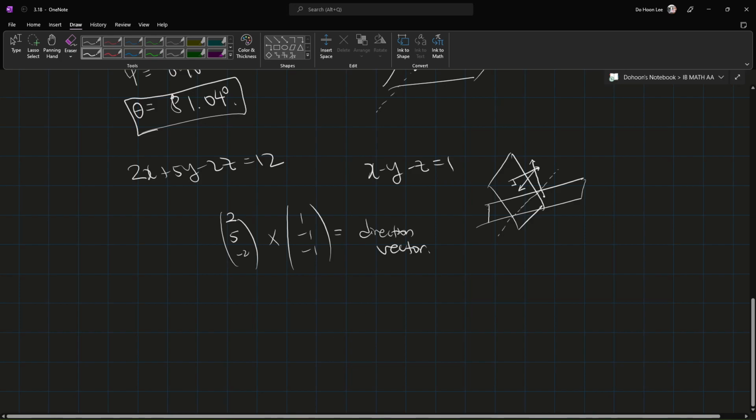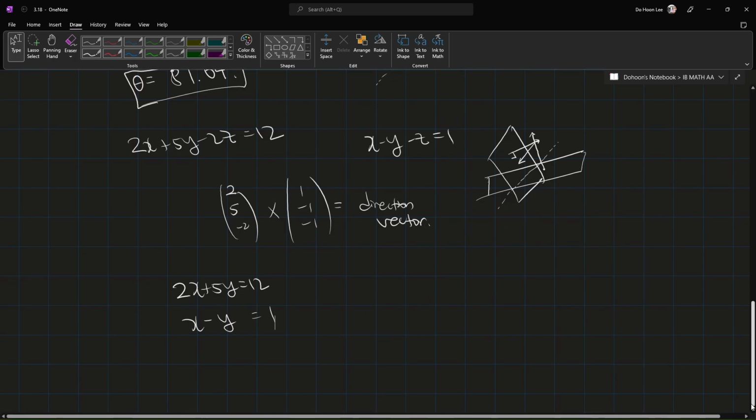So what about the point? Well, I think for our question, we can try to set z as 0. So basically I have 2x plus 5y equals 12 and x minus y equals 1, because we're just putting z as 0.